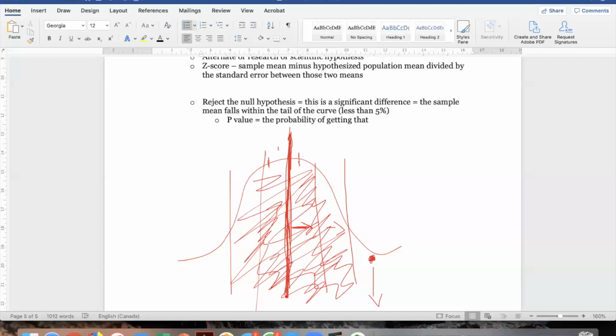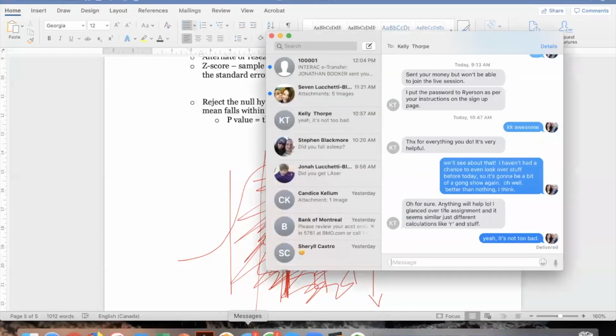So, right, this is where most of the population is. If your score, after you did your test with your magical new drug, falls, sorry guys, just hang on. I got it.